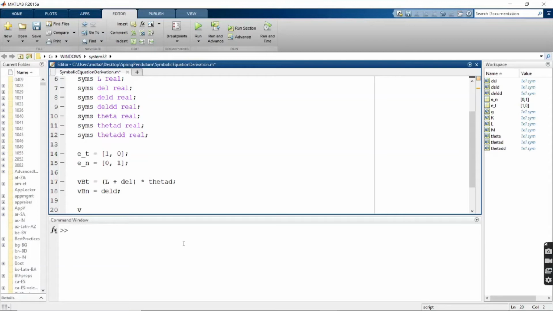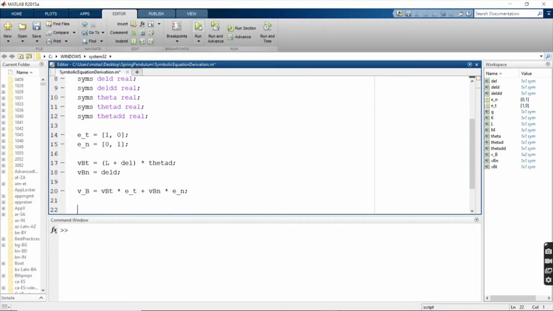Now we'll define the velocity using the unit vectors. So it's going to be the tangential component times the unit vector in the tangential direction plus the normal component times the unit vector in the normal direction. And let's run that. Okay, no errors. Great.